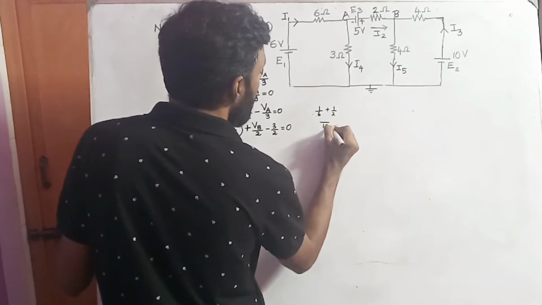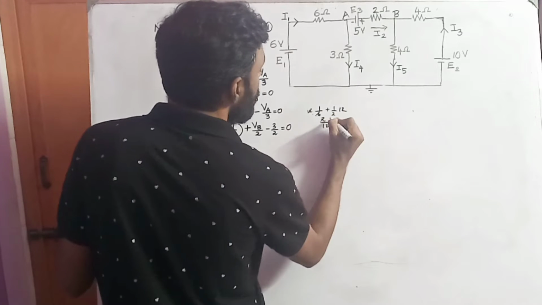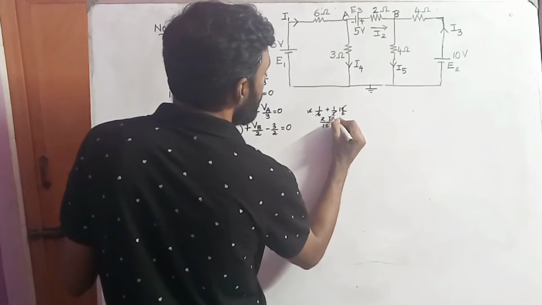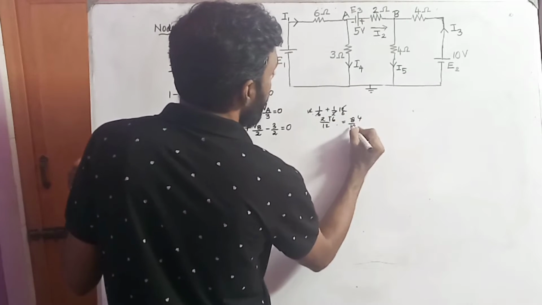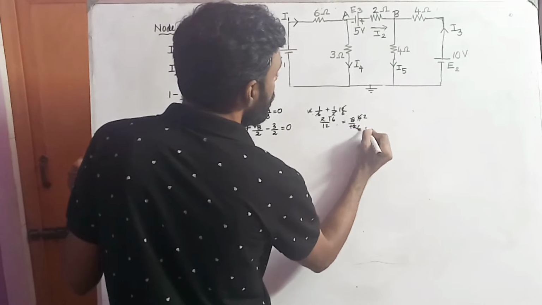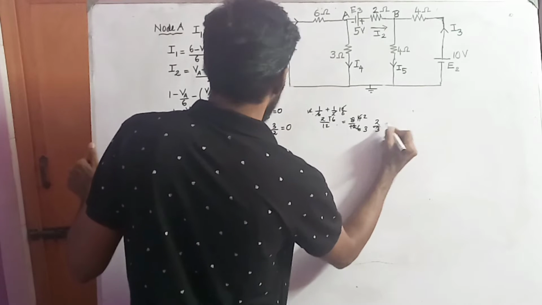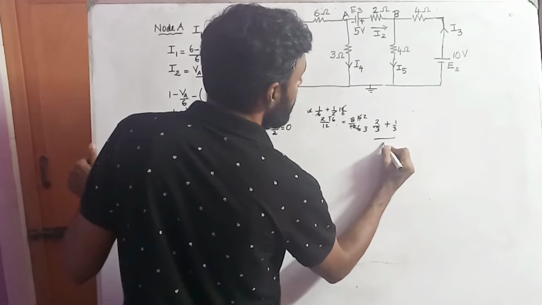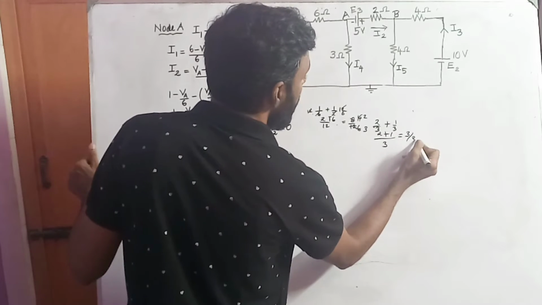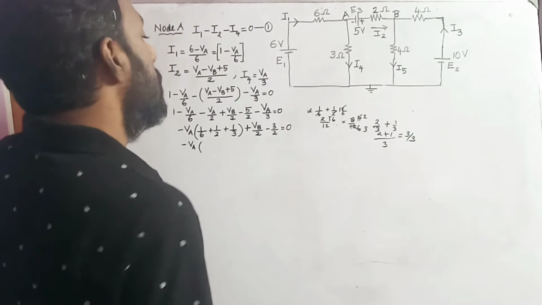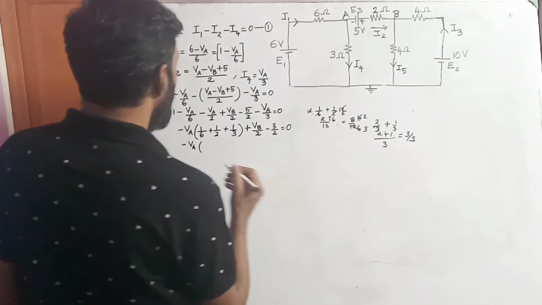The LCM is 12. 6 2s are 12, 2 1s are 2, plus 2 6s are 12, 6 1s are 6, so 8 divided by 12. 2 4s are 8, 2 6s are 12, 2 2s are 4, 2 3s are 6, so 2 divided by 3 plus 1 divided by 3 will be 2 plus 1, which is equal to 3 divided by 3. So that is equal to 1.